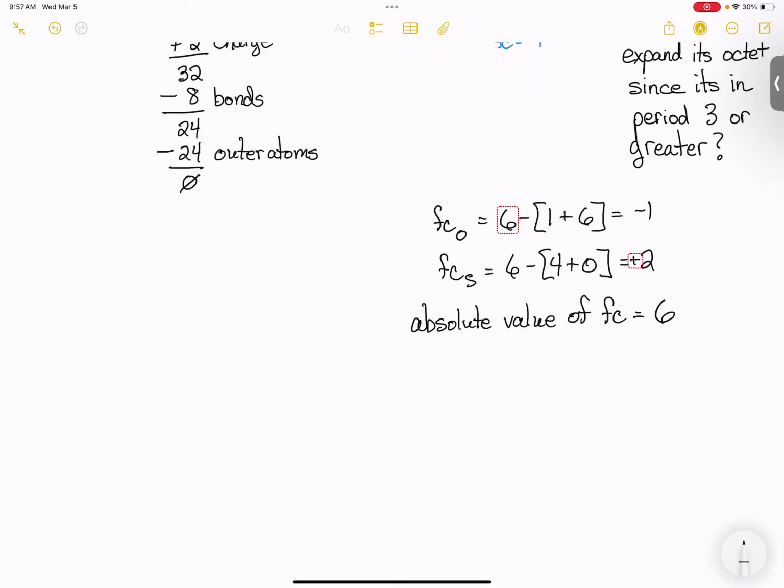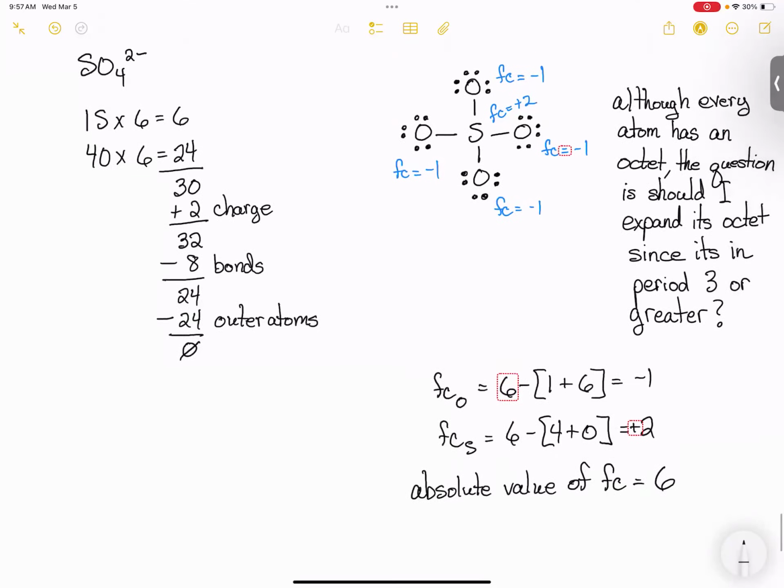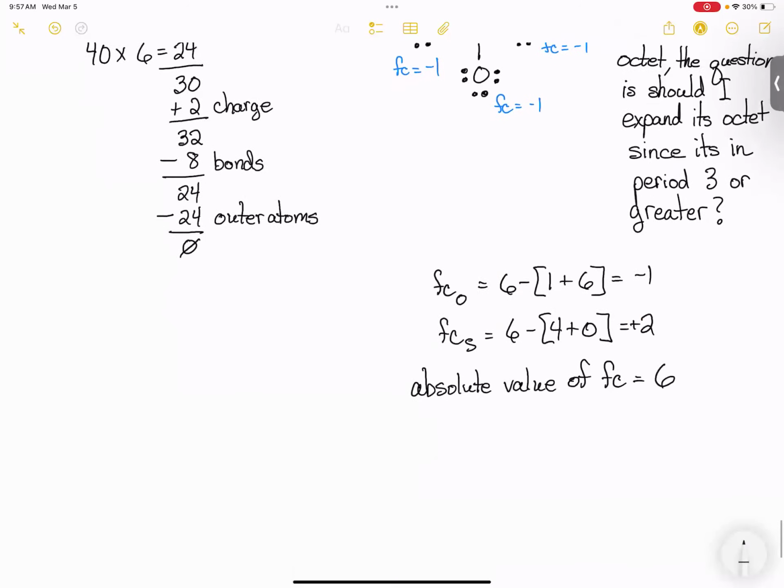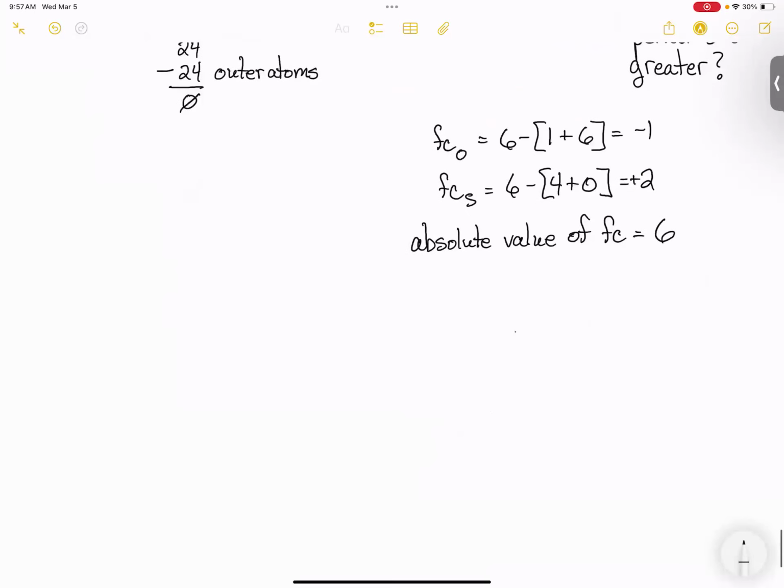So yes, we have got to manipulate this structure. We have got to reduce this formal charge. So we reduce the formal charge by bringing in a pair of electrons to share between the central atom and the external atom. So we have oxygen.